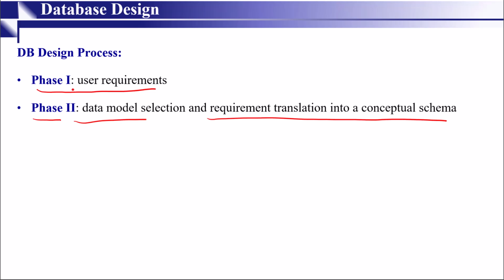So phase 1 involves gathering user requirements: what data is needed, and how it will be used. Phase 2 translates these requirements into a conceptual schema using a data model like the ER model. These two phases ensure the database aligns with user needs.